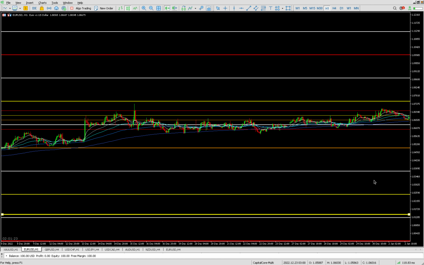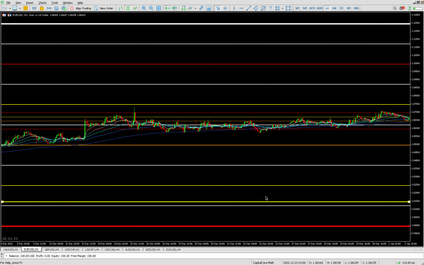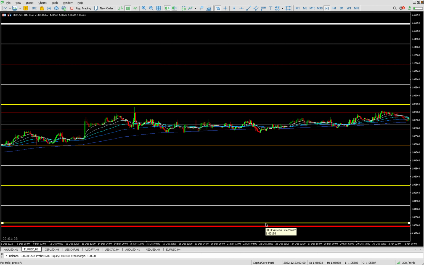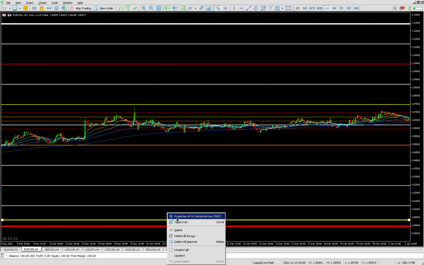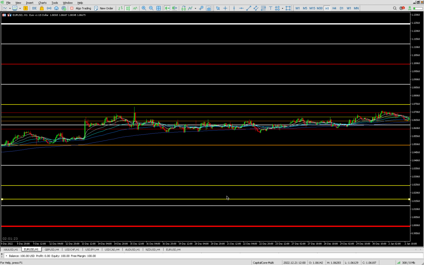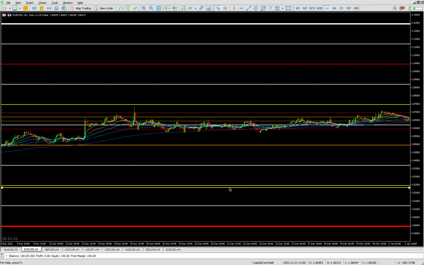It needs to be distinguishable, so you can do it however you want. I think what I did was I used this one for these levels, but you can use whichever one you want.